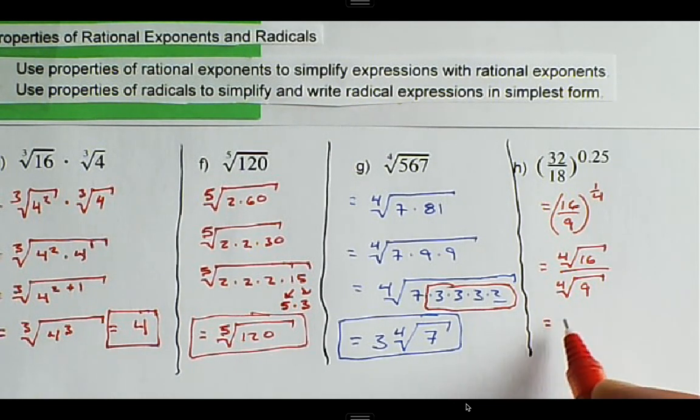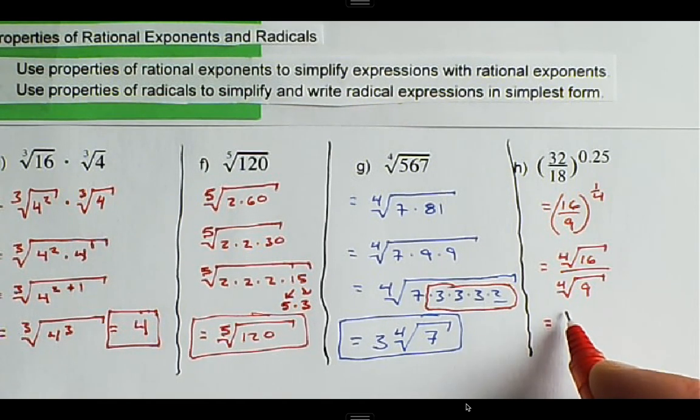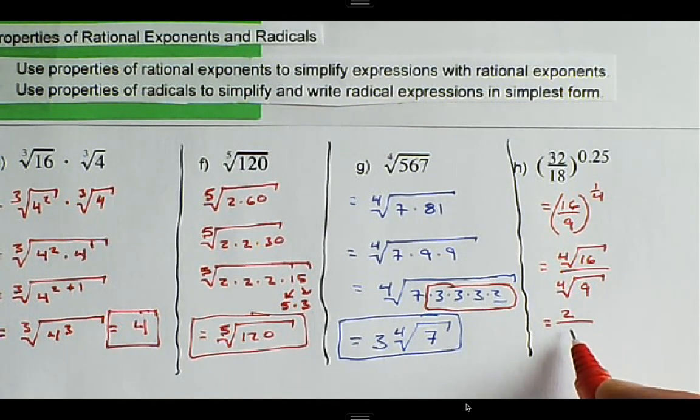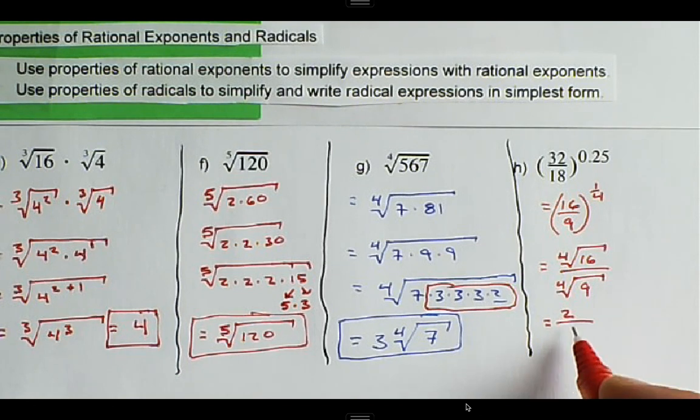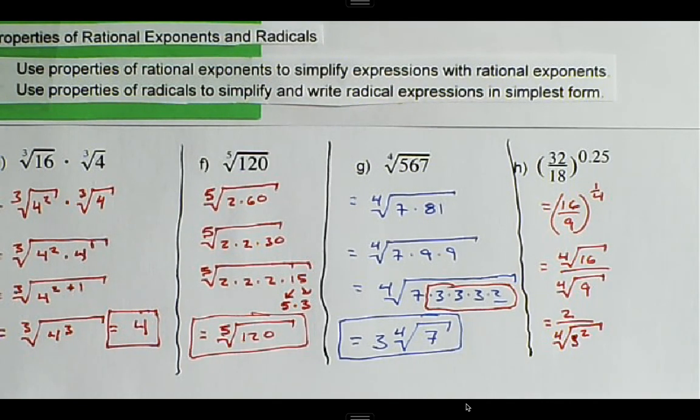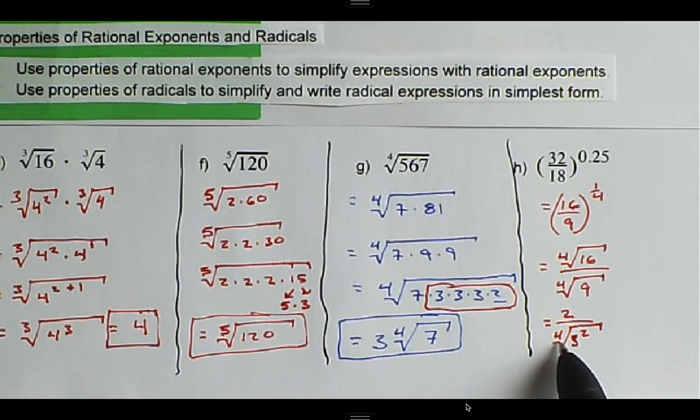Now we know that the 4th root of 16 is 2, and we can't do the 4th root of 9, but we can break the 9 down, and we can say the 4th root of 3 times 3, or 3 squared. So we have 2 3's under the radical, but we need to get 4.